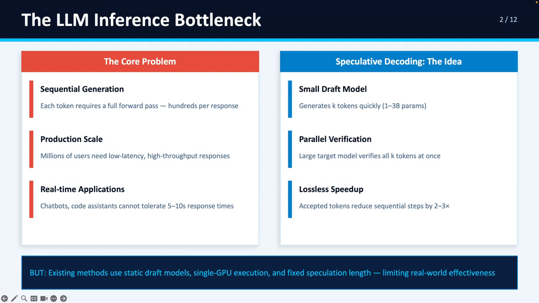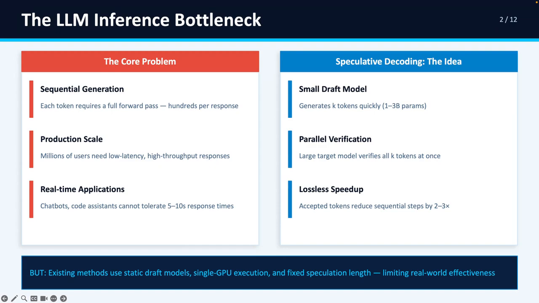Speculative decoding offers an elegant solution to this bottleneck. The core idea is to use a small, fast draft model to speculatively generate multiple tokens ahead of the large language model. Then run the large language model once in a single parallel forward pass to verify all speculated tokens simultaneously. Accepted tokens reduce the number of sequential steps, yielding a 2 to 3 times speedup without changing the output distribution.